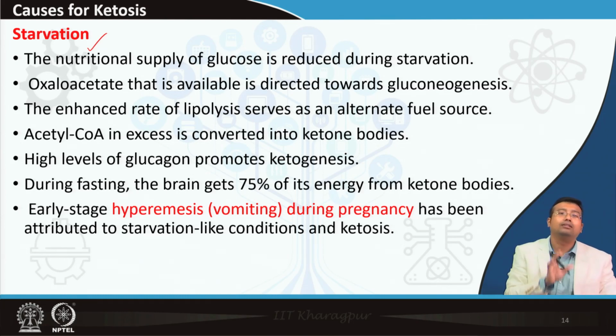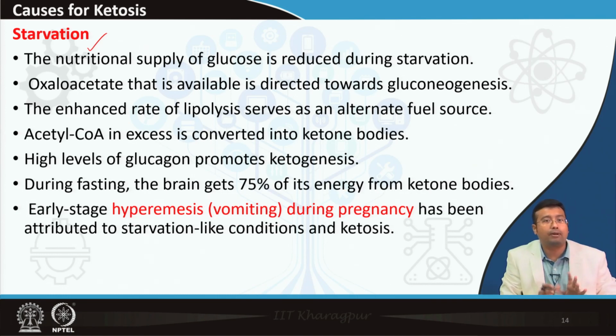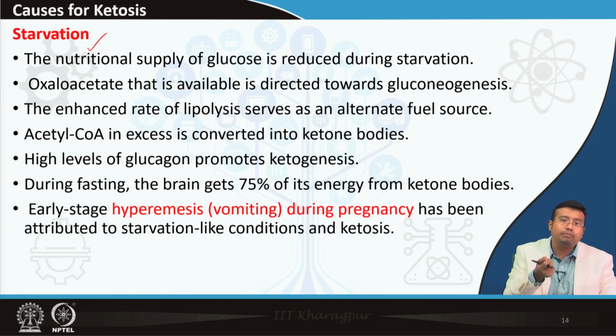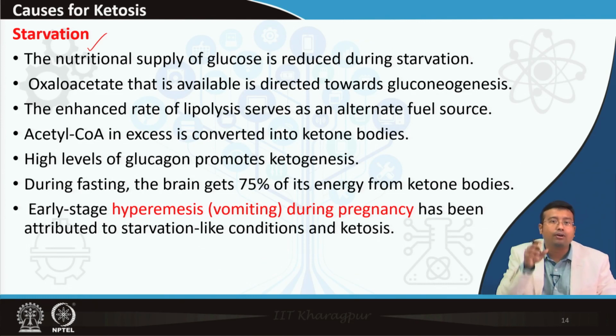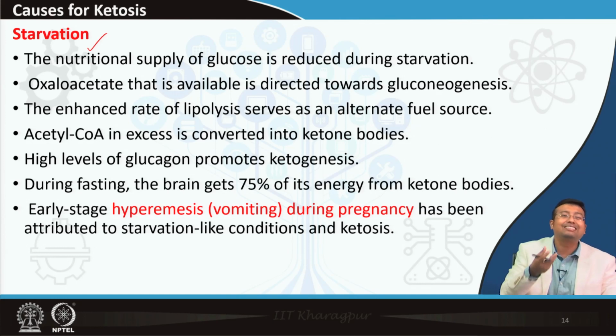But if this is hampered, what happens? The TCA cycle is hampered. Why? Again I told you, if oxaloacetate is less. Why will oxaloacetate be less? Oxaloacetate will be less because it is a substrate for gluconeogenesis. The body will be trying to produce more and more glucose.